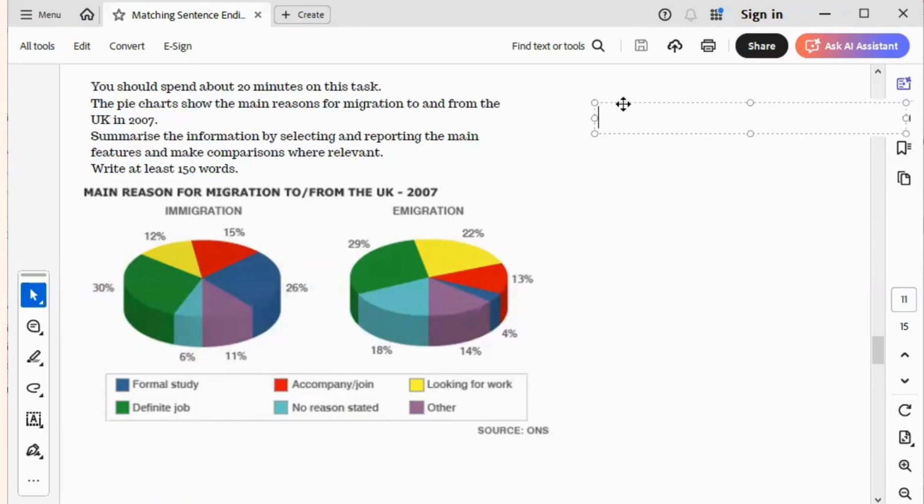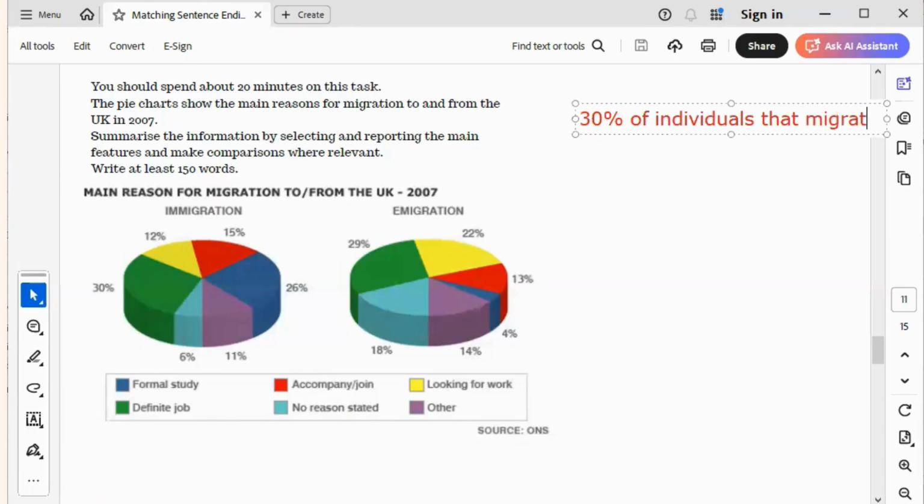Now look at it. X%, so that's going to be what? 30%. 30% of what? Individuals that immigration. What's the meaning of immigration? Immigration means they are coming into the UK. So 30% of individuals that what?